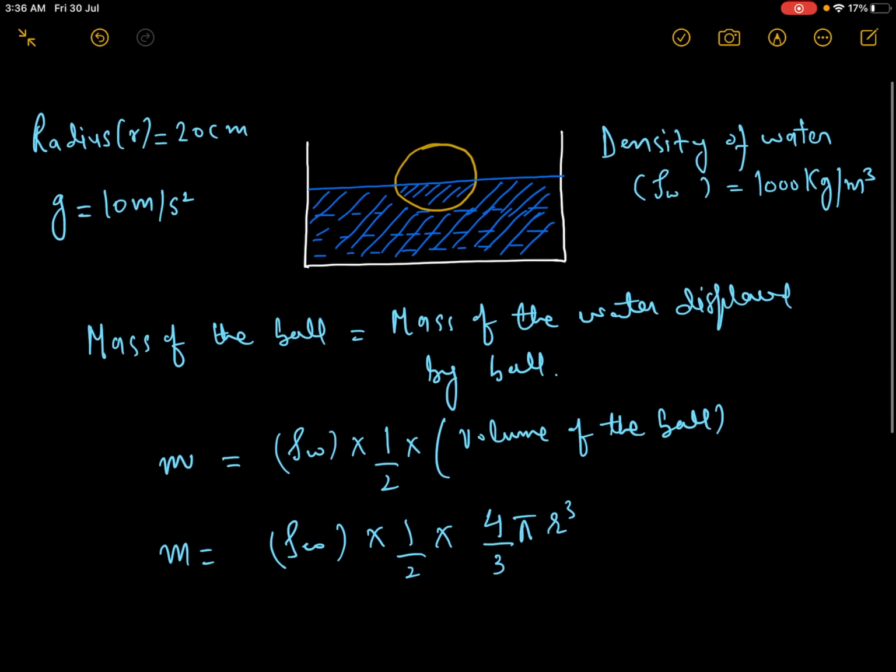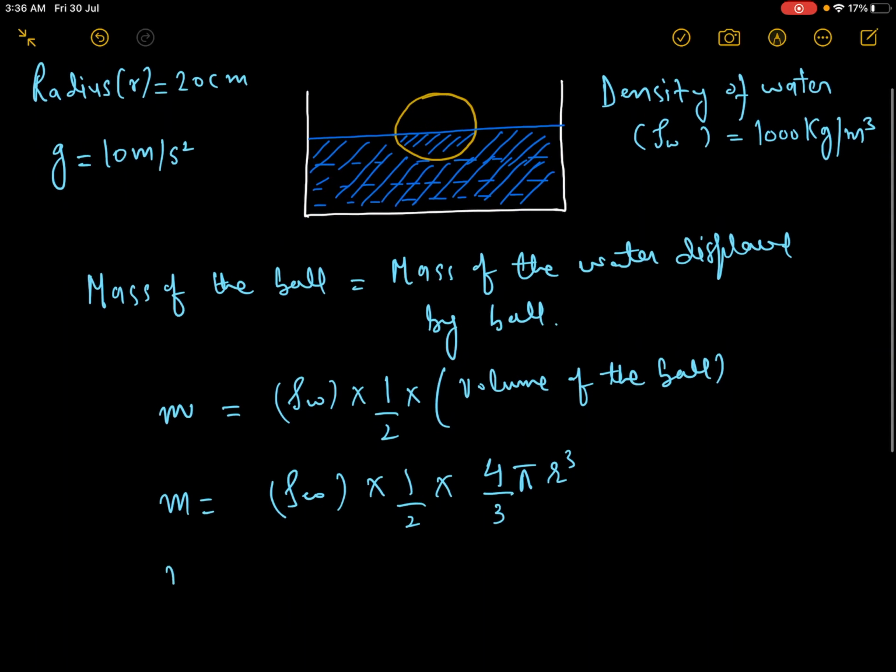So if we put the values of rho w, that is 1000 kg per meter cube, the radius of the ball is given as 20 centimeters, so we'll convert it. We can write 20 centimeters as 0.2 meters.